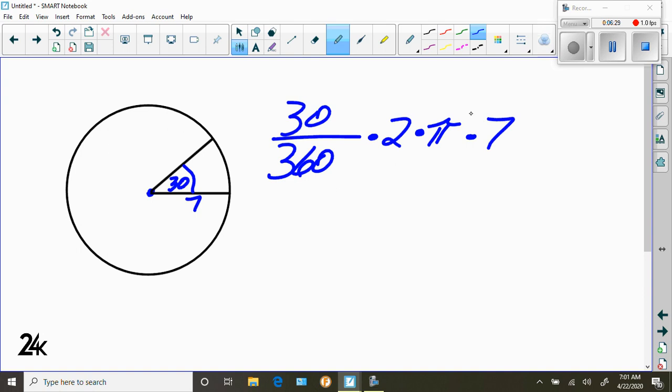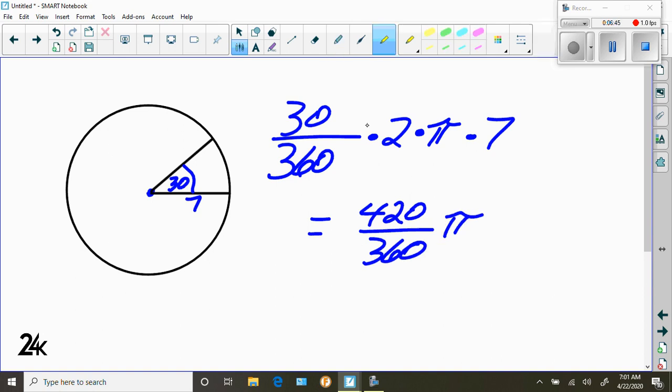Handy dandy calculator. 30 times 2 times 7 is 420 over 360 pi. So that's how I got this number, and the 360 is always just 360.